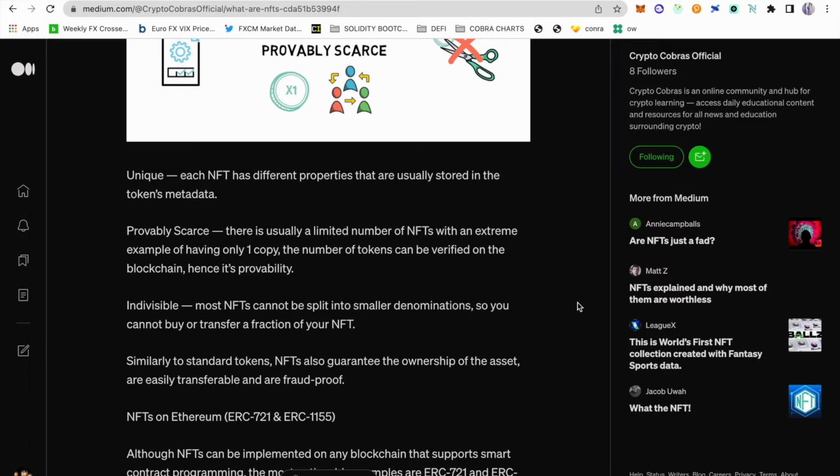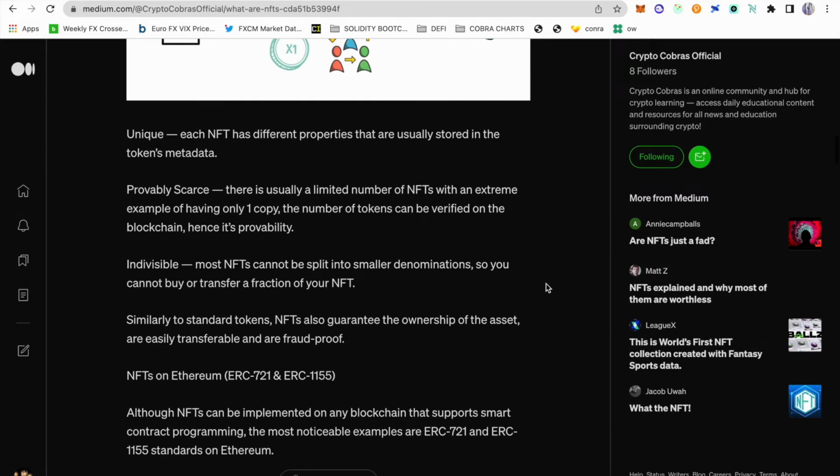And each copy can be verified on the blockchain. If you're buying off OpenSea on Ethereum mainnet, then on Etherscan you'll be able to verify those blocks. So that's what gives it value.